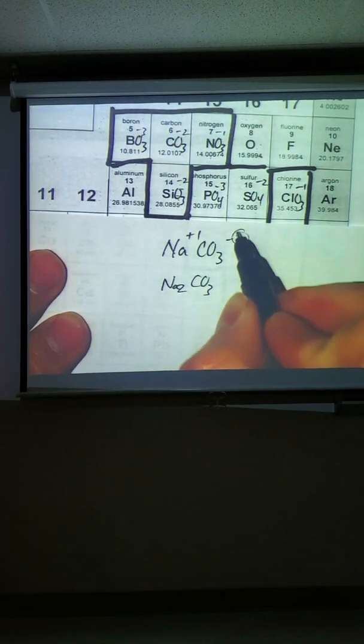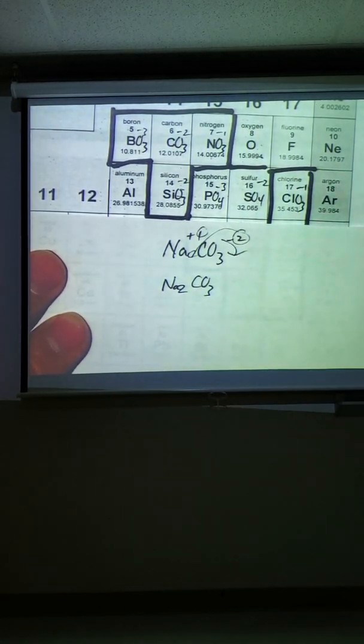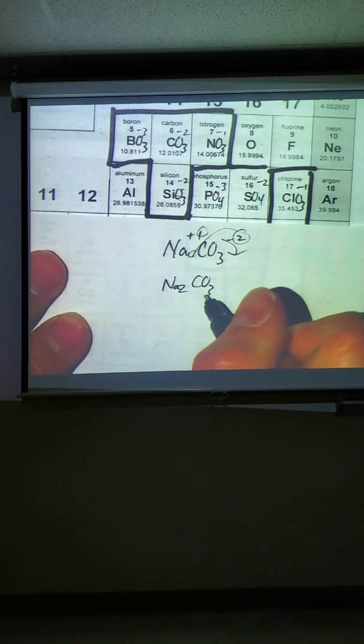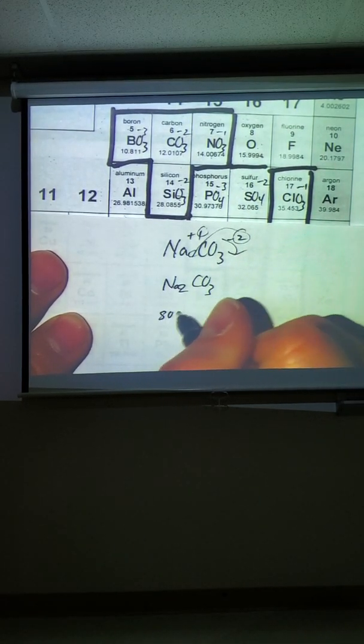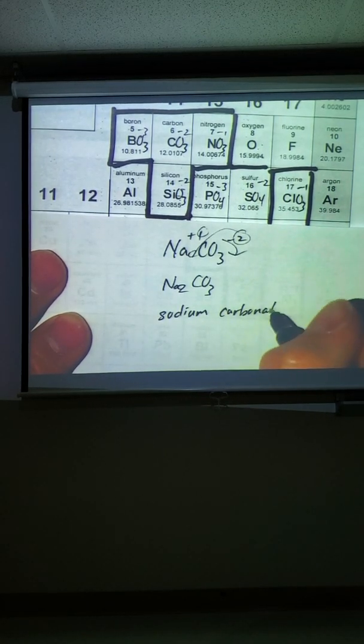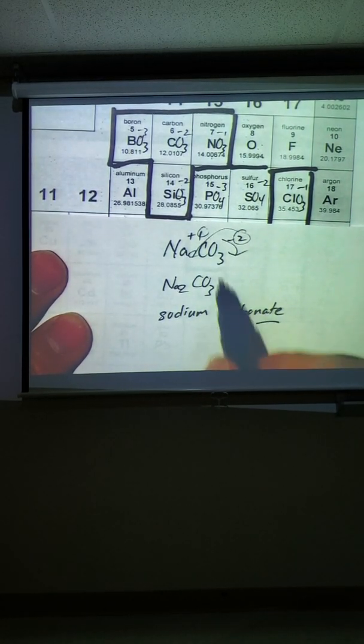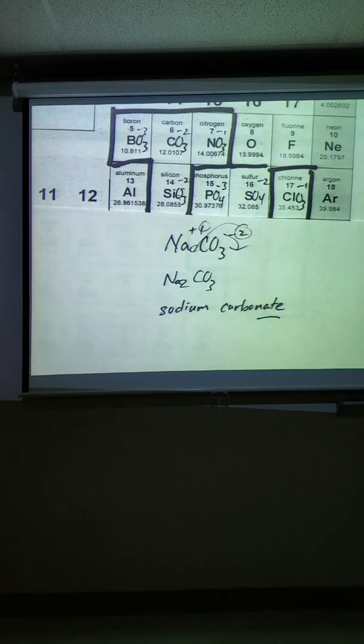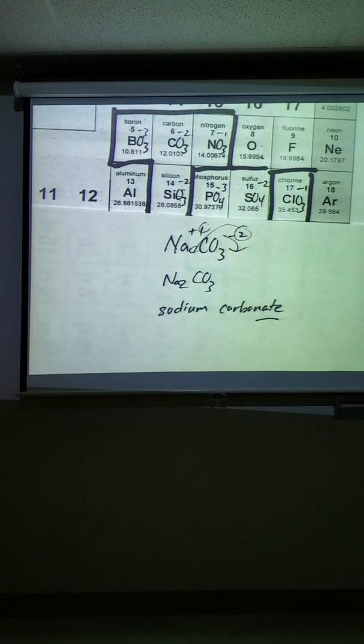So we're still crossing charges just like before. But now instead of sodium carbide, we would say sodium carbonate. So ATE ending because we have some magic number of oxygens determined by T43.